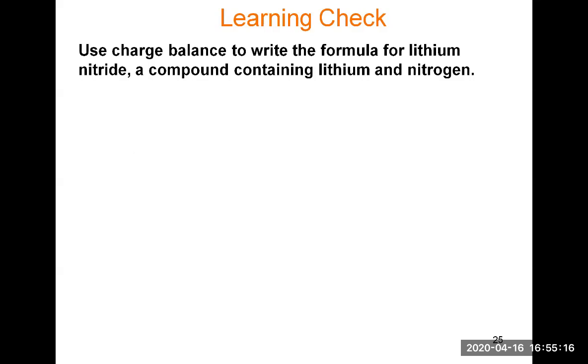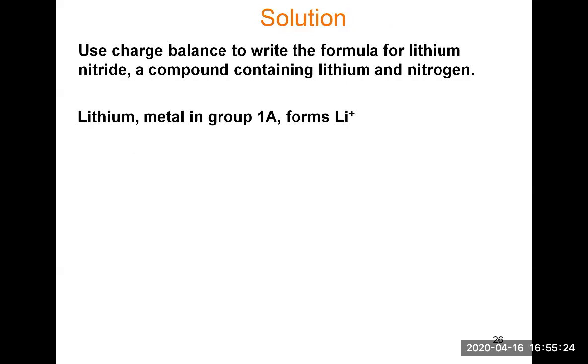So lithium is a metal, an alkali metal from group 1A. So being from group 1A means it's going to be a +1 ion. It's a predictable ion. Nitrogen is a non-metal on the right side of the periodic table in group 5A.